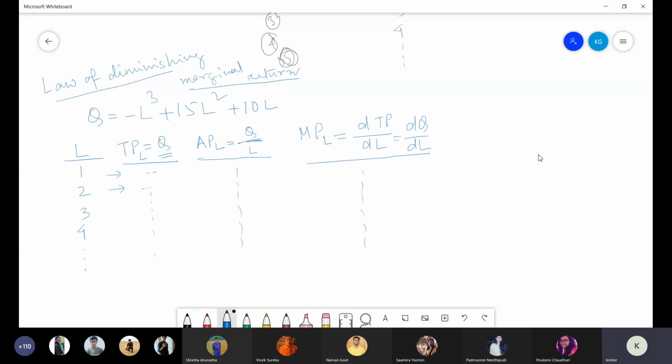Law of diminishing marginal return, this concept you are getting. How do we express it in this case?